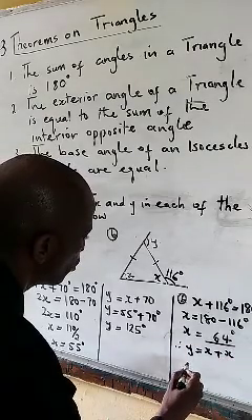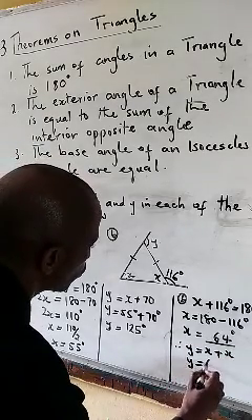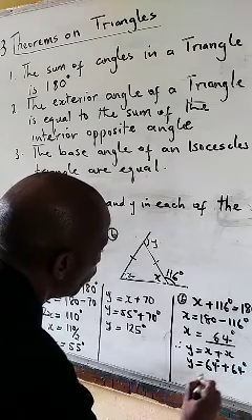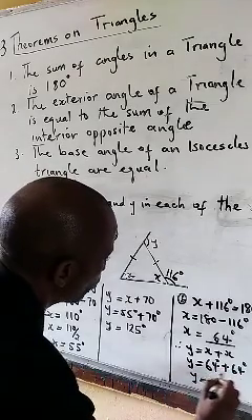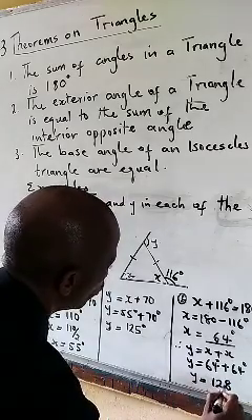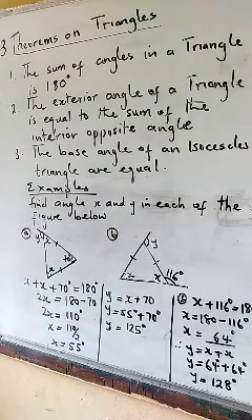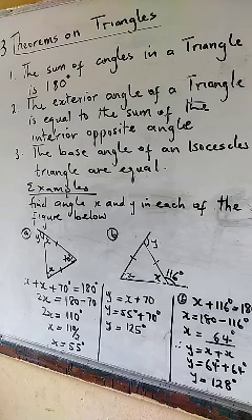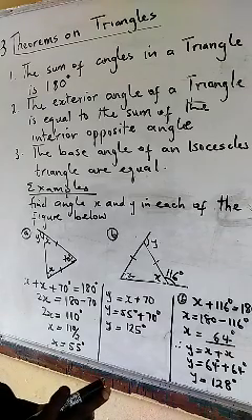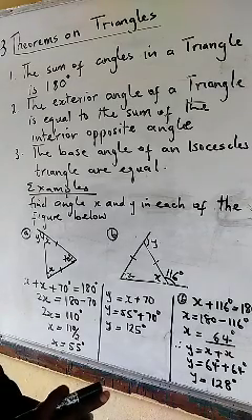We know our x to be 64. So y equals 64 plus 64 degrees. 4 plus 4 is 8, 6 plus 6 is 12. So our y equals 128 degrees. That is how you apply those theorems to solving triangles.